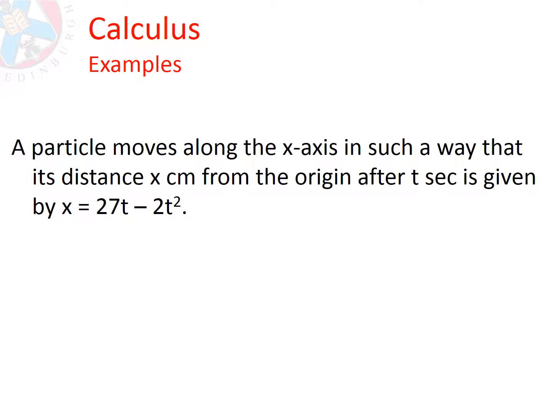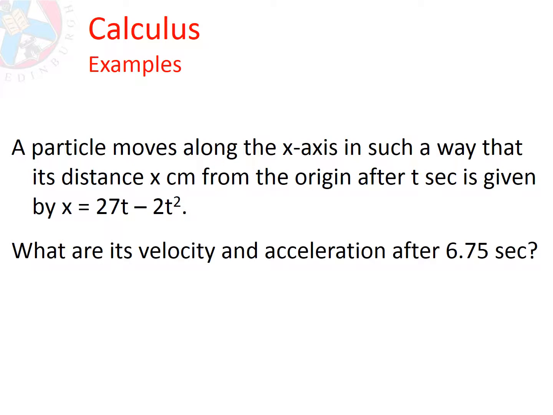So it's 27t minus 2t squared. We could use that if we were asked a question about the velocity. We could differentiate that equation to work out the velocity.